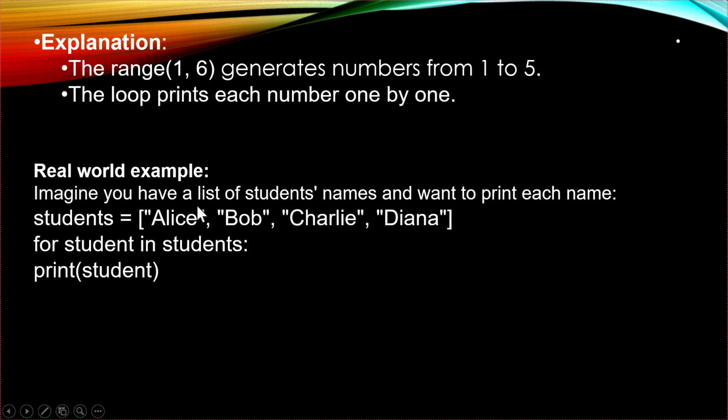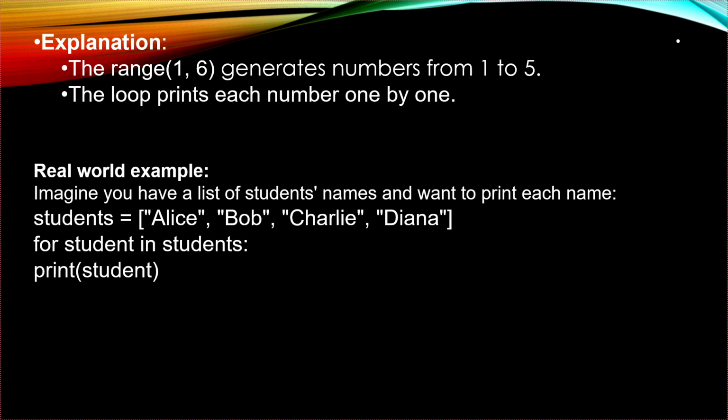As we can see, a list of students here, when we want to print each name, like students Alice, Bob, Charlie, Diana. So I want to make the data more reflected by the print function, so the names will be separately mentioned.